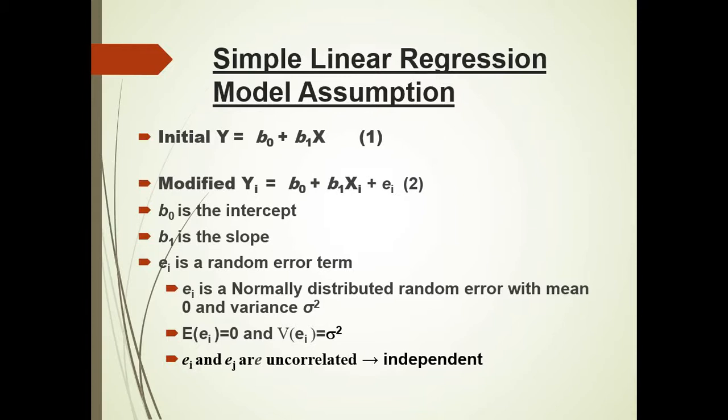Also, the correlation between any two error variables epsilon_i and epsilon_j is 0, so they are uncorrelated. Here b naught is called the intercept and b1 is called the slope.